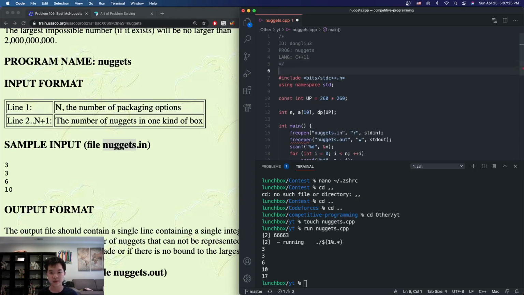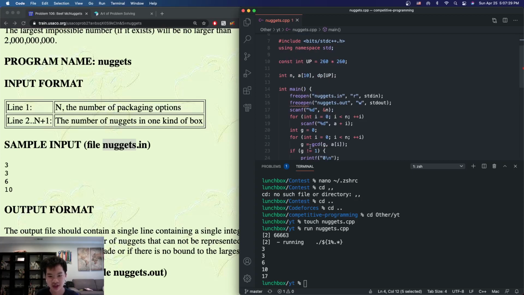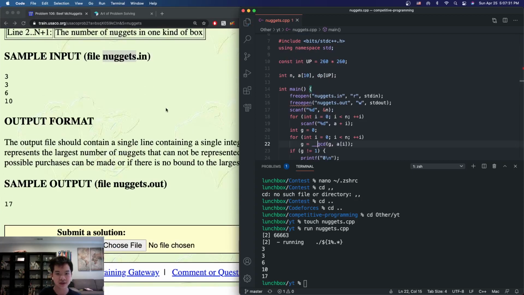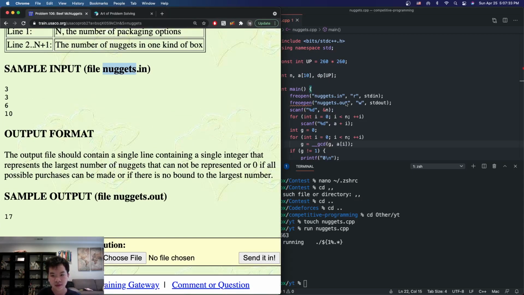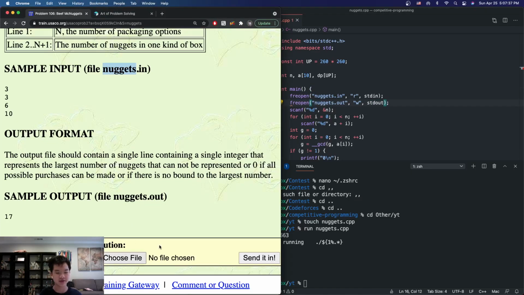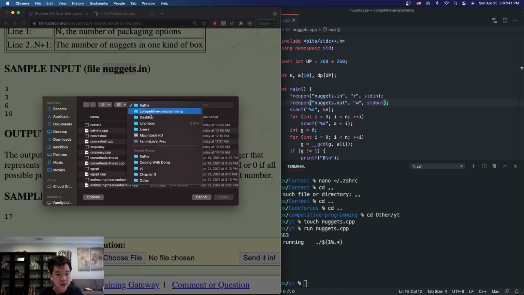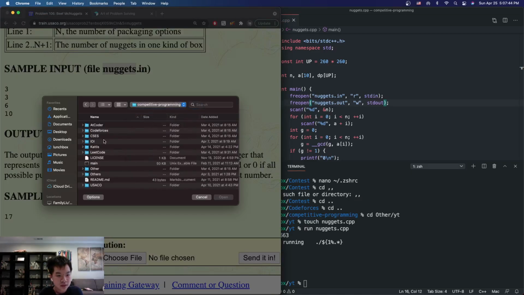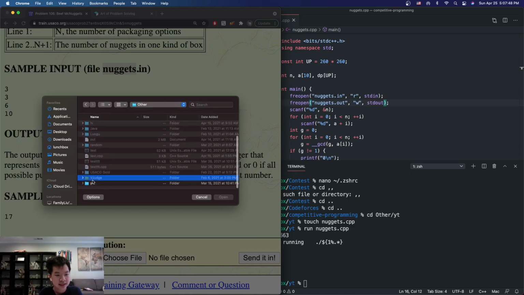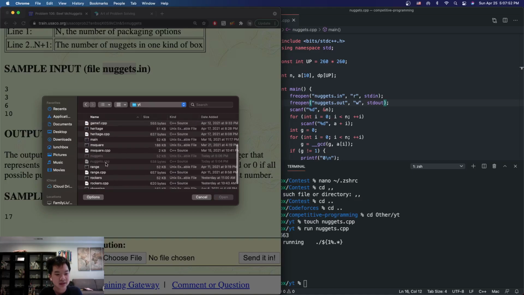Okay, so remember one thing: in C++11, this should actually be different. So this is nuggets. Let's submit that.